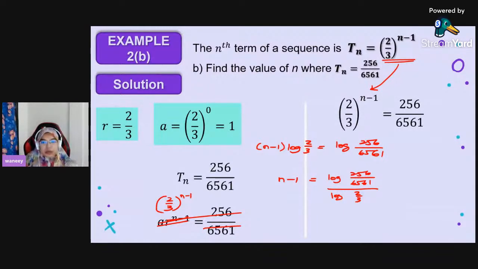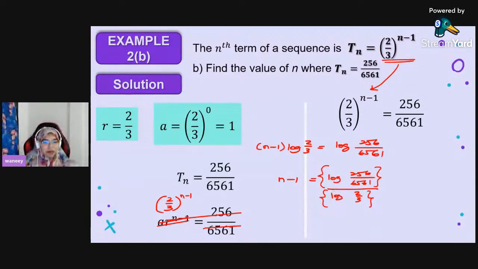So from here, do make sure to calculate them one by one. So mesti kena kira log ni nilai dia berapa dulu, and then calculate this value over here, then you divide. So jangan potong log dengan log tu tak boleh potong. Nombor dengan nombor tu pun tak boleh bahagi terus. Dia mesti kena apply log dulu. So log 256 over 6561, and then you divide them by log 2 over 3.